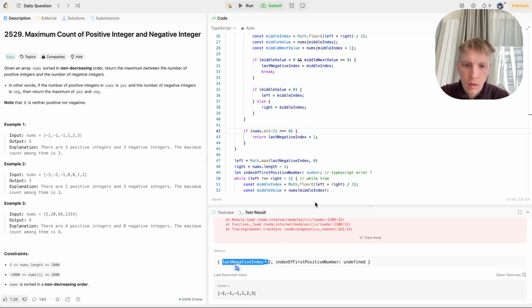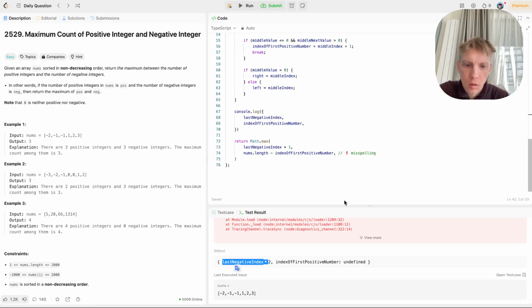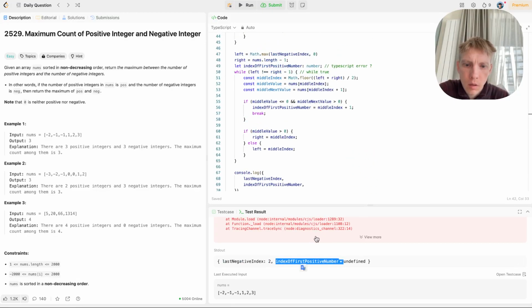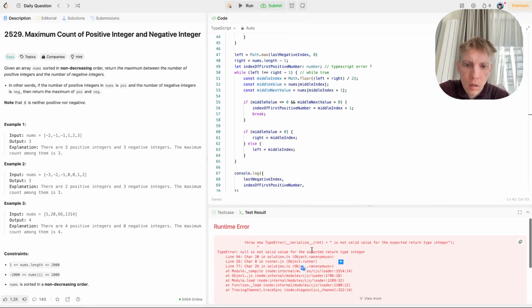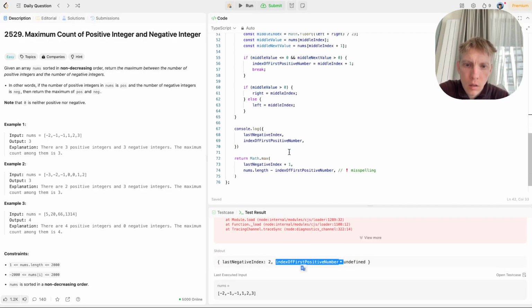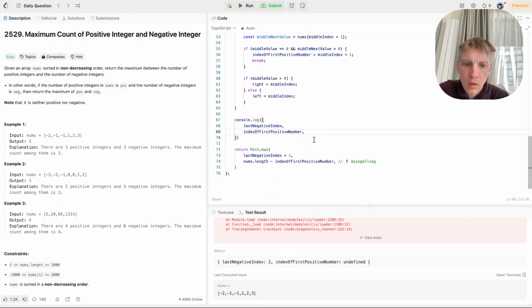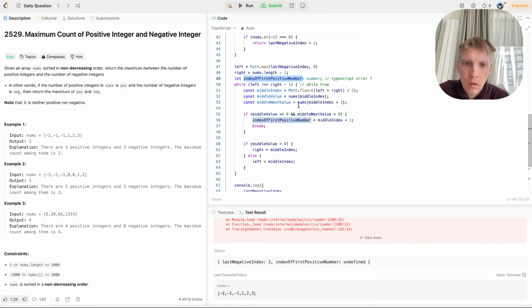Last negative index is 2. Index of first positive number is undefined. Last negative index is 2. Yes. Index of first positive number is undefined for some reason.